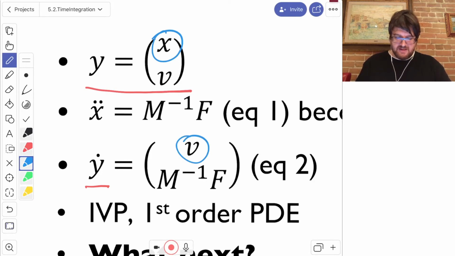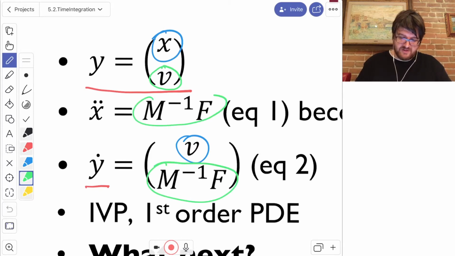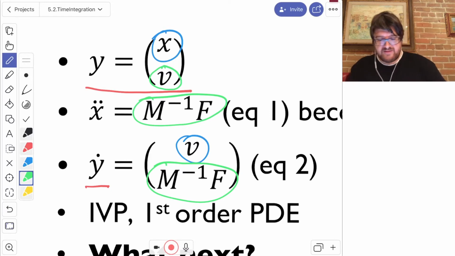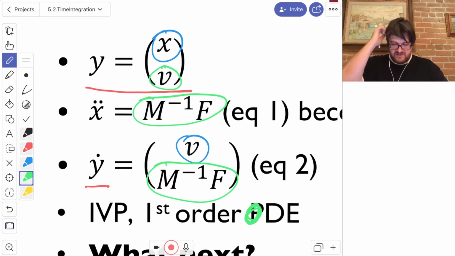And then the first derivative of v with respect to t is going to be the acceleration, which is essentially the right-hand side of equation 1. So by doing this little change of variable, which is just mathematical trickery, we simplify the problem. We moved from a second order to a first order. Oh, it should be ODE, not PDE. I'll change it on the slides later. So it's going to be a first order ODE.